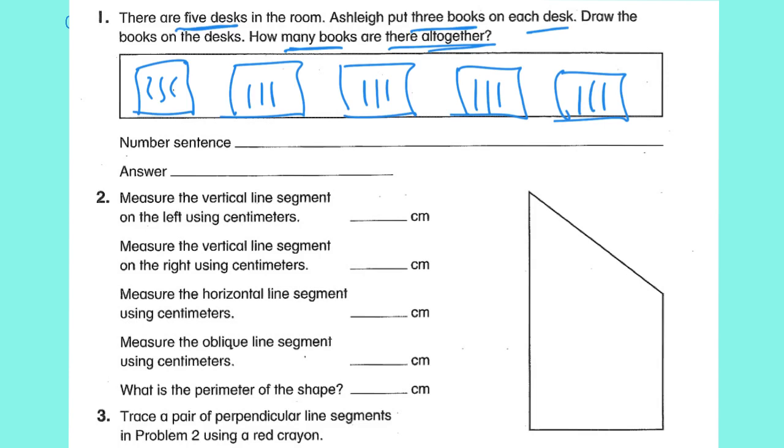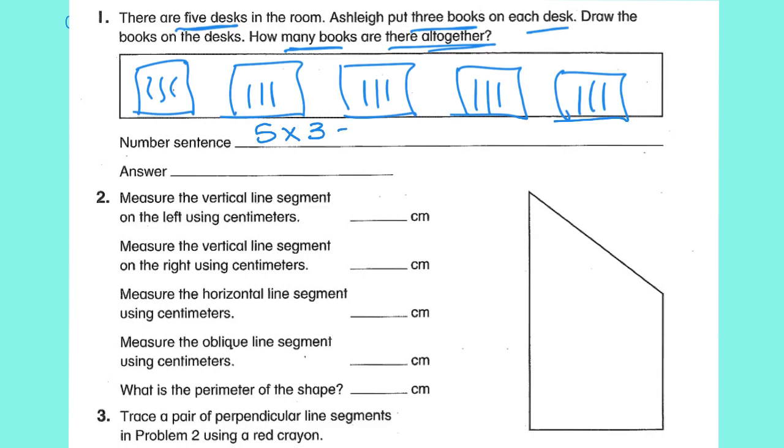So we have 5 groups. So let's go ahead and write 5. And remember, we write groups of with the times symbol. So 5 groups of, so that's 5 times. And we have how many in each group? Yes, 3. So it would be 5 groups of 3.